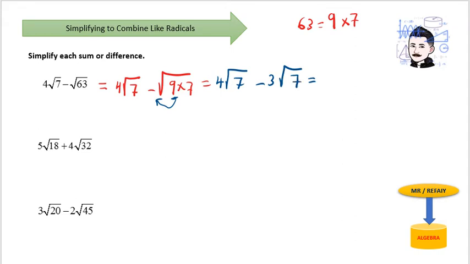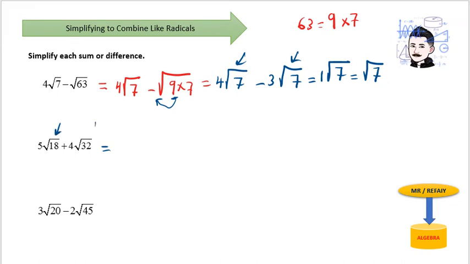Now you find that both have the same radicand, which is root 7, so you can add or subtract. 4 minus 3 is 1, root 7, and we can write it directly, root 7. Okay, see the second one. Here also you have to look at the radicand.